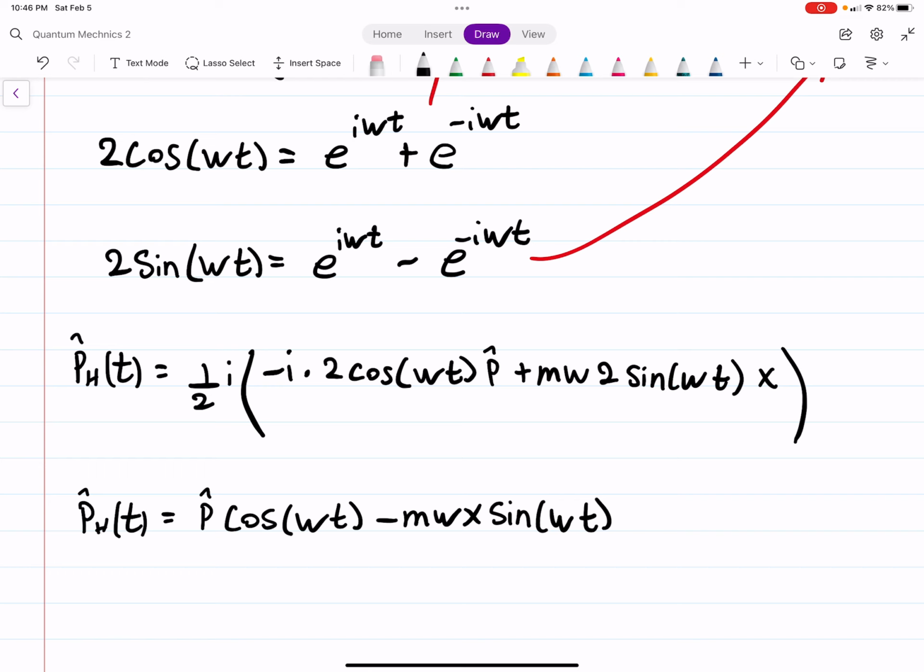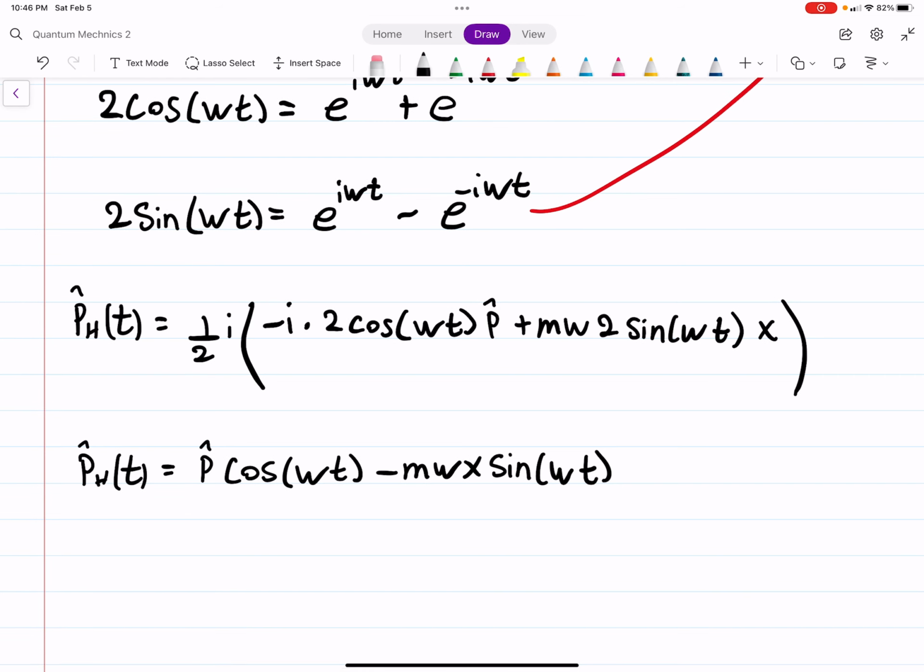Okay, so that's good. And then usually what we do is we call this p hat at 0, x hat at 0, or at time equals 0, where our operators are at time equals 0.